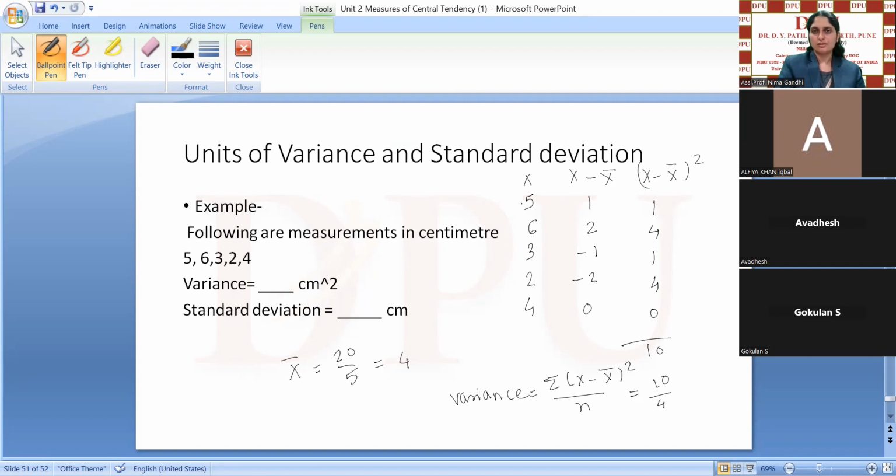Sorry, n is 5. So your variance is 2 and standard deviation is root 2. The number of observations is 5, so 10 by 5 is 2.